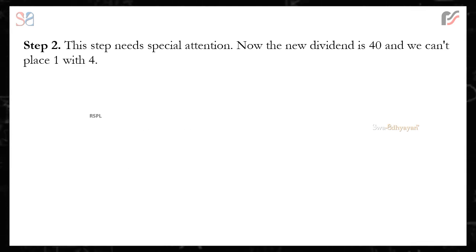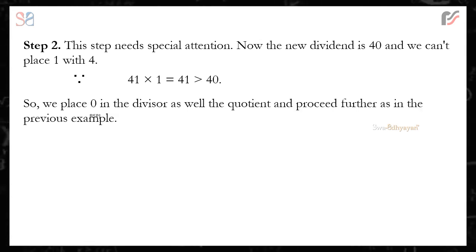Now the new dividend is 40 and we can't place 1 with 4 because 41 into 1 is equal to 41, which is greater than 40. So we place 0 in the divisor as well as the quotient and proceed further as in the previous example. So square root of 44,01,604 is equal to 2098.